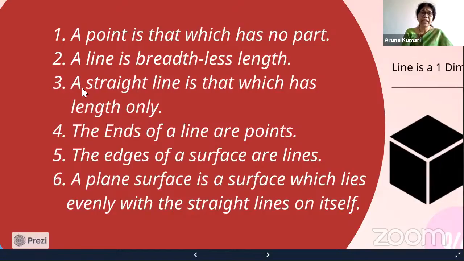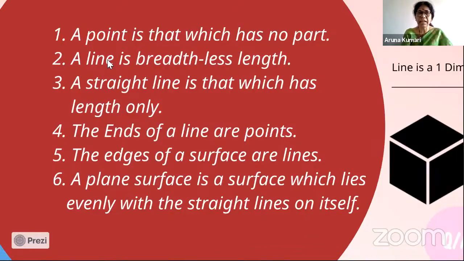Next one. A straight line is that which has length only. Here we said line, here we are saying about straight line. What is the difference? Here we are especially saying straight line. Here we are saying about line. Line means it may be curved line also.